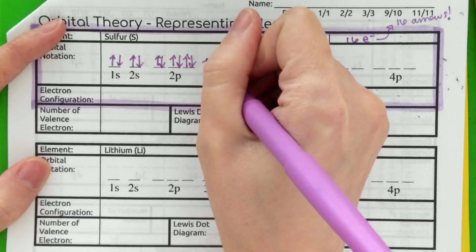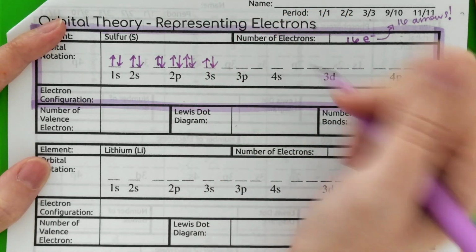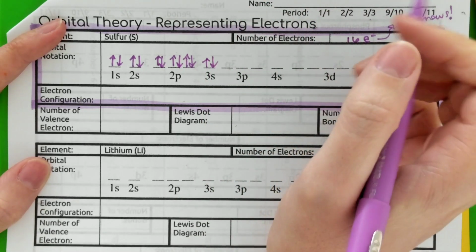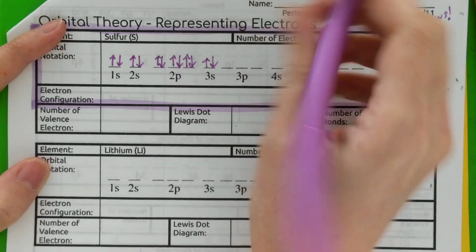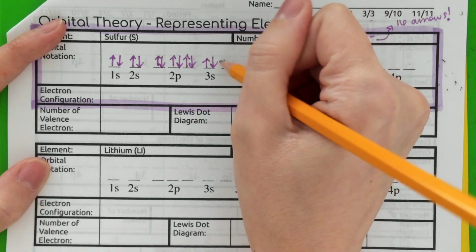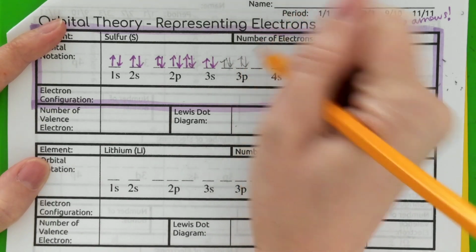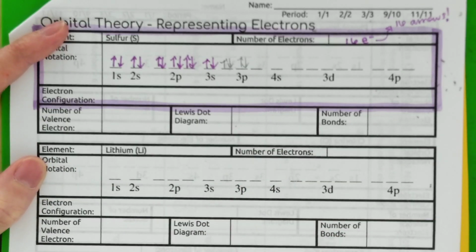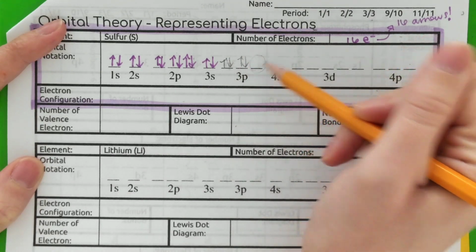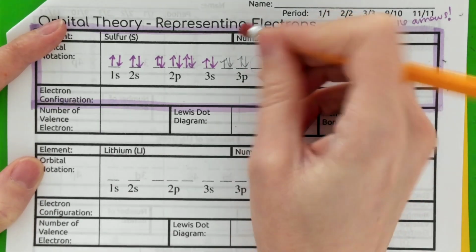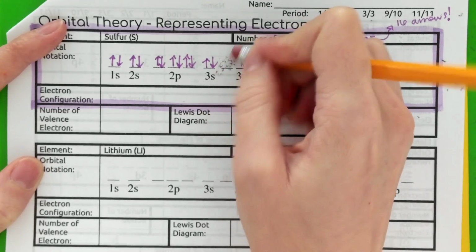So that's 11, 12, and now we have 4 more. So again, this is where that order really matters, because if you were doing the up, down, you would probably end up doing this for our last 4. And that is not correct, because we would have 2 full orbitals and 1 empty one. That is just not going to happen. It is not energetically favorable.